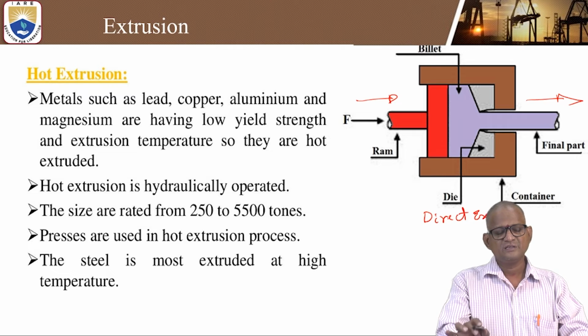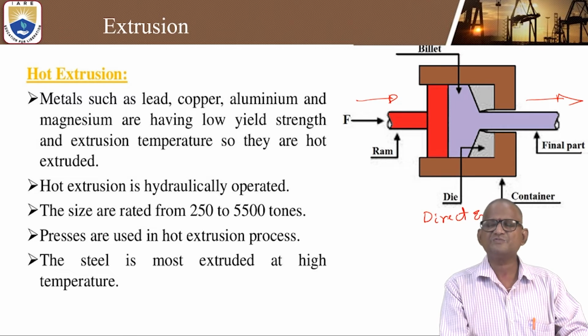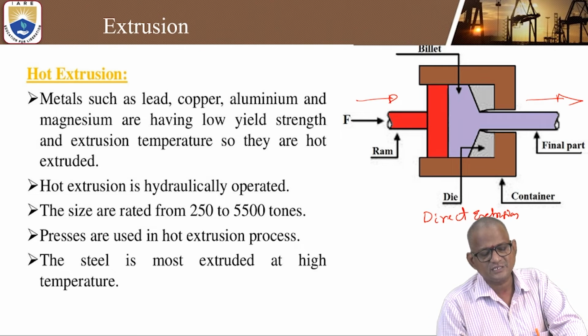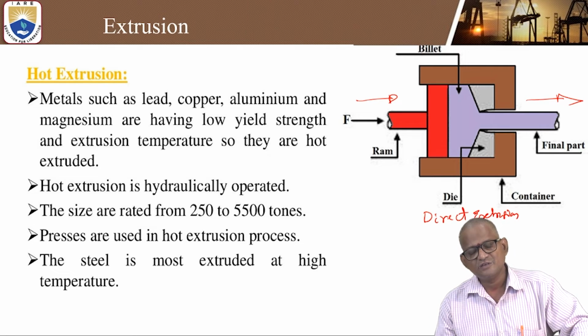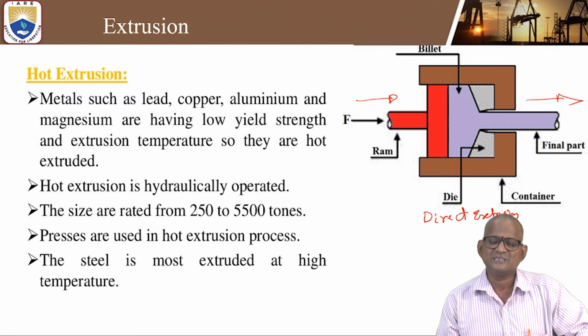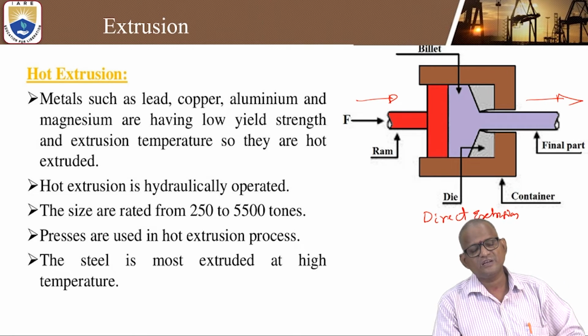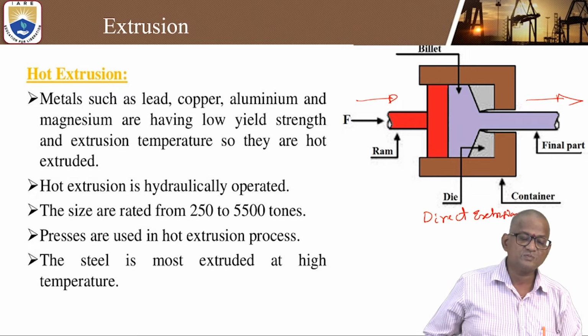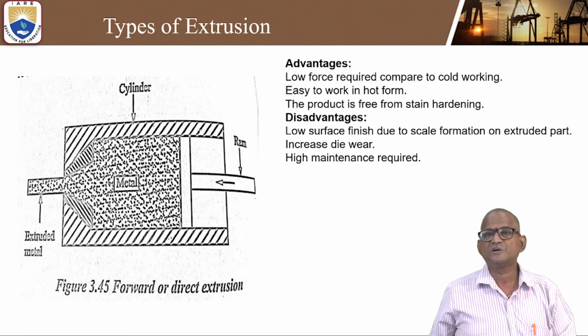Most probably the size can range from 250 to 5500 tons, operated by changing the reduction. Even when it is heated, less tonnage of pressure can be preferred to change its shape. The most widely used material is steel, and it can be extruded at very high temperature. So this is the extrusion process.